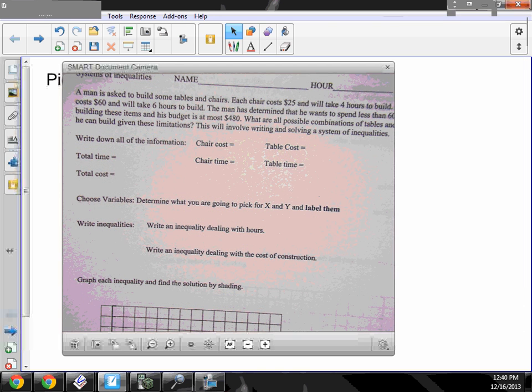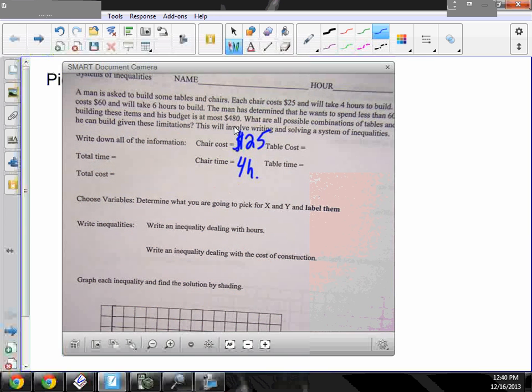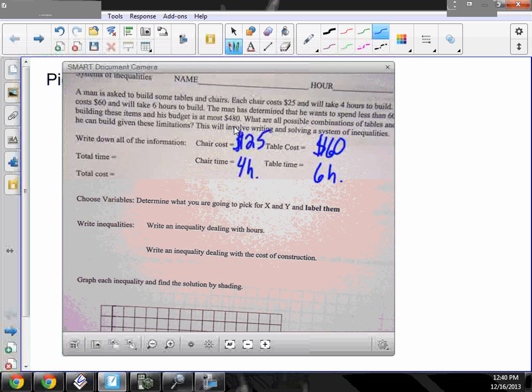A chair costs $25, and it takes him 4 hours to build one. Tables cost $60, and they take 6 hours. How much time does he have? And be careful, what does it say?